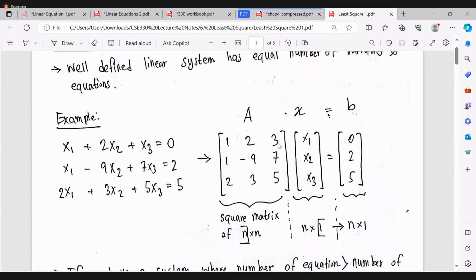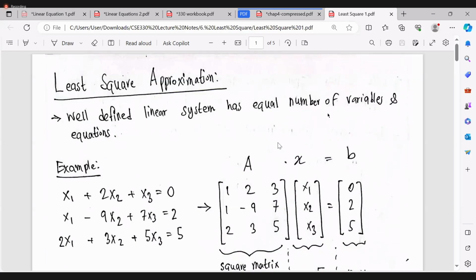So least square approximation. What is this chapter about? This chapter is all about overdetermined systems. What is an overdetermined system? That means you will be required to solve a system of equations where the number of equations is more than the number of variables.